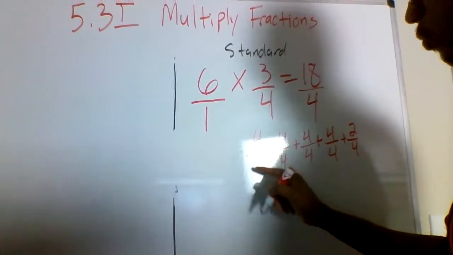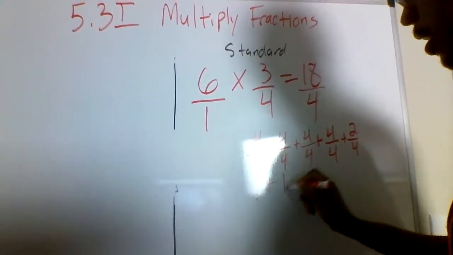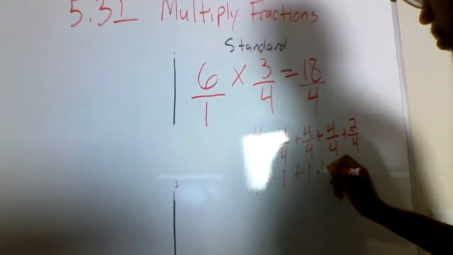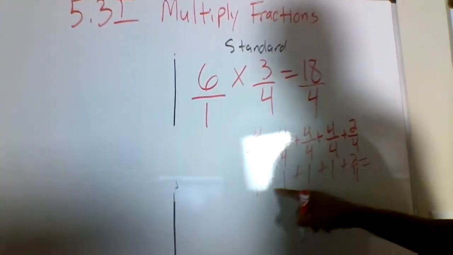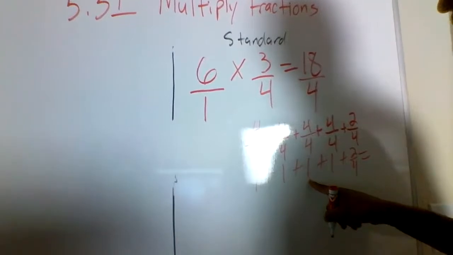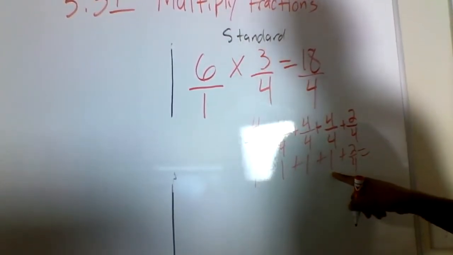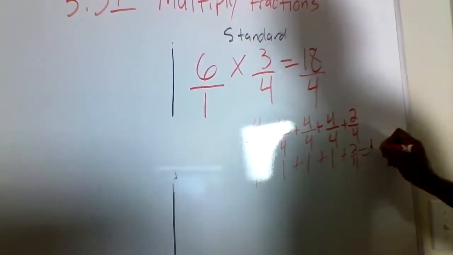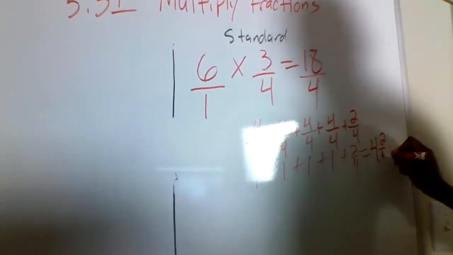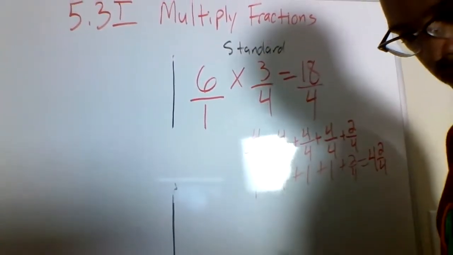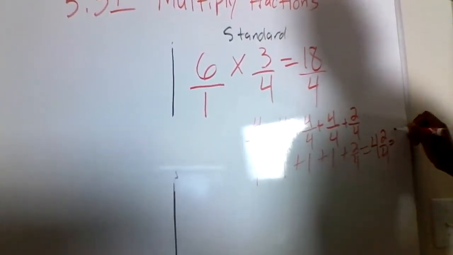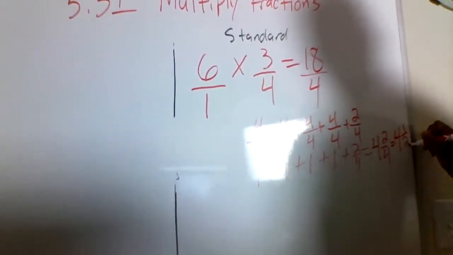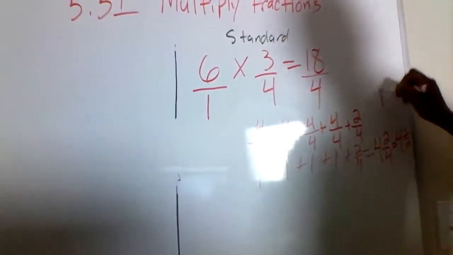So I say 4 fourths, that's 1, plus 1, plus 1, plus 1, plus 2 fourths. That's 4 and 2 fourths, right? Well, 4 and 2 fourths is the same thing as 4 and 1 half, which means the answer is D.